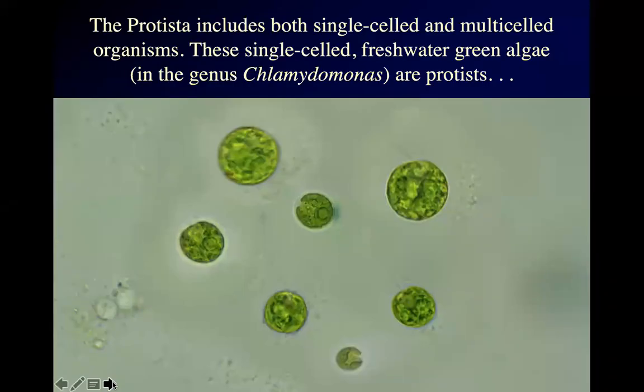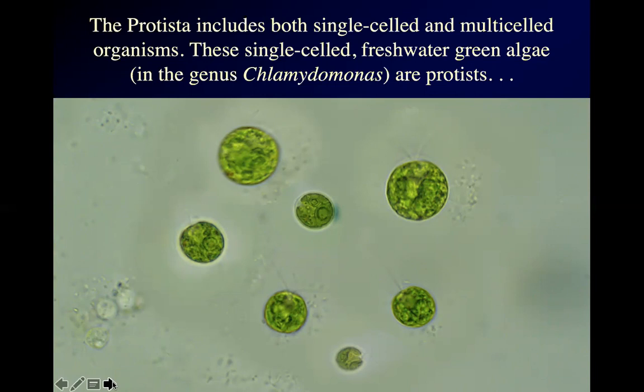So here's some protists. These happen to be single-celled protists. Every one of those green circles that you see is just one cell. It's got a nucleus. You can see little greenish bubbles and blobs inside each one. Those are organelles. They're green.